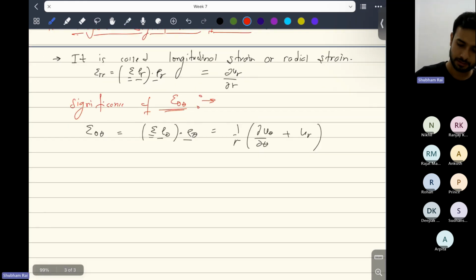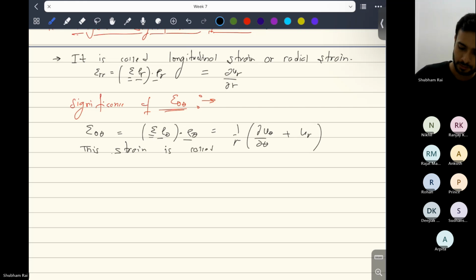So we can say that this strain is called hoop strain or circumferential strain.